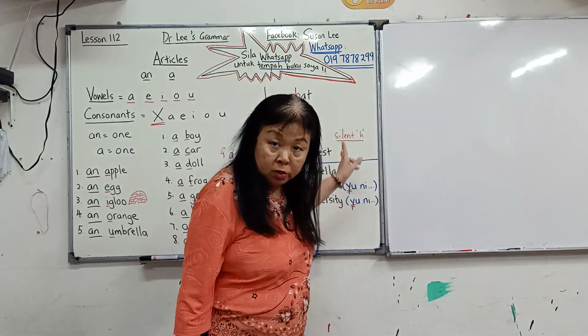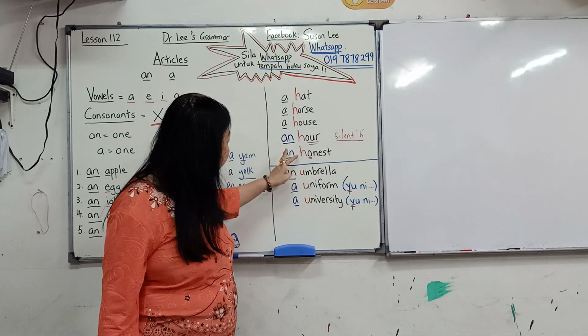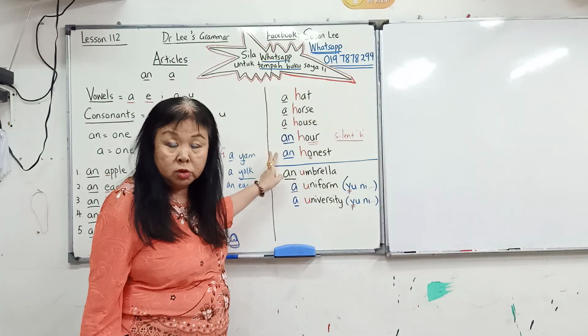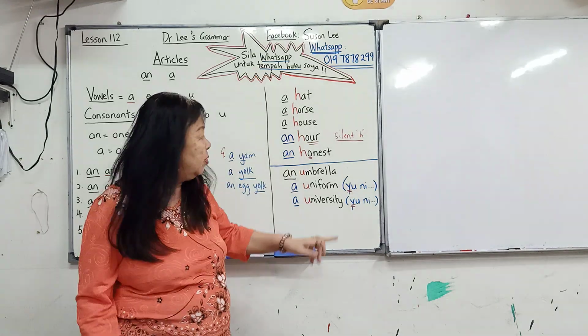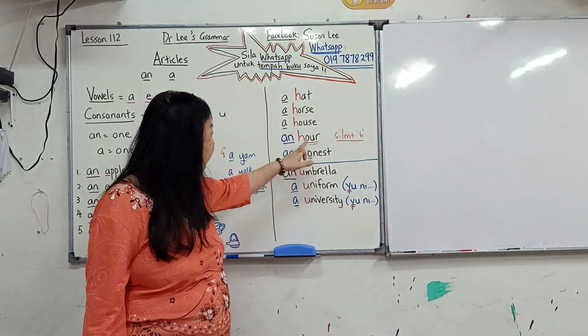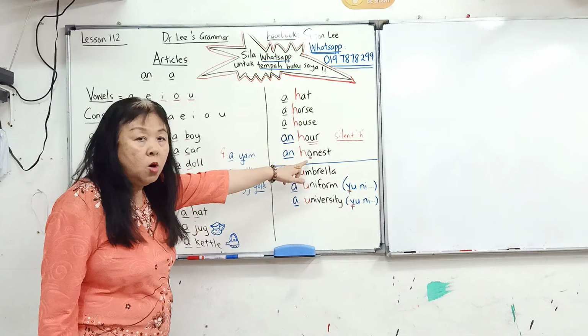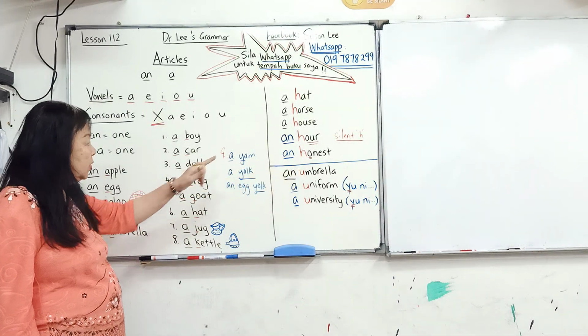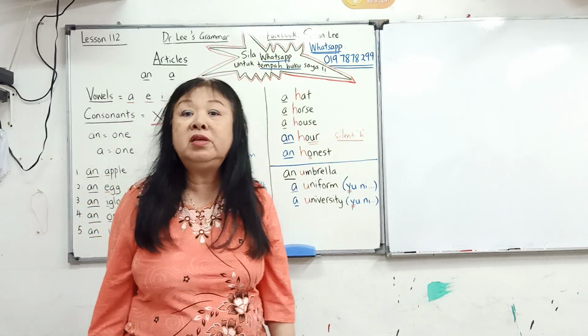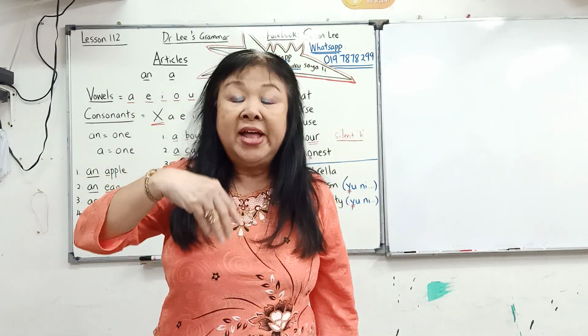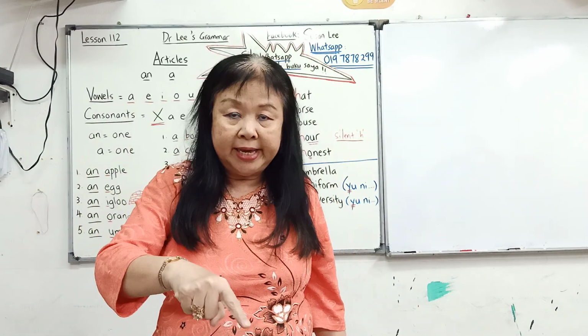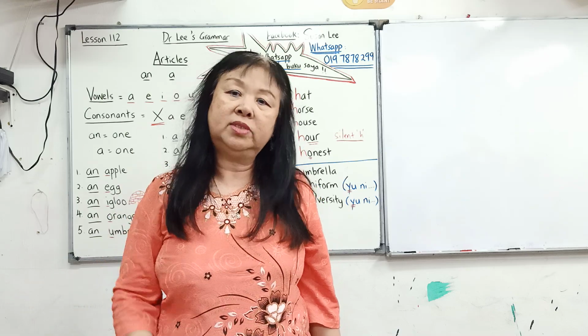And then the special situation, remember? Hour and honest, we use an. We don't use a because of the pronunciation. We pronounce as 'our' sound, 'on' sound, umbrella, all vowel sounds, so you use an. For uniform and university, although they start with U, the pronunciation is Y. So you don't use an.